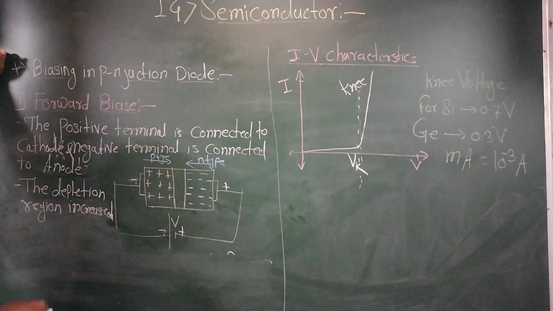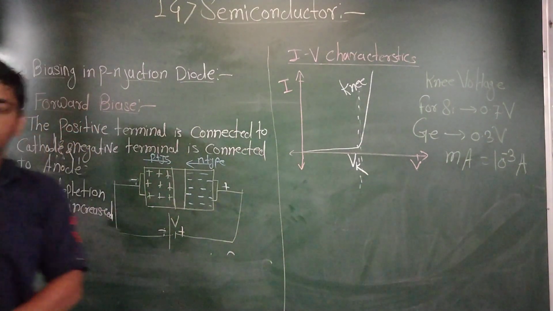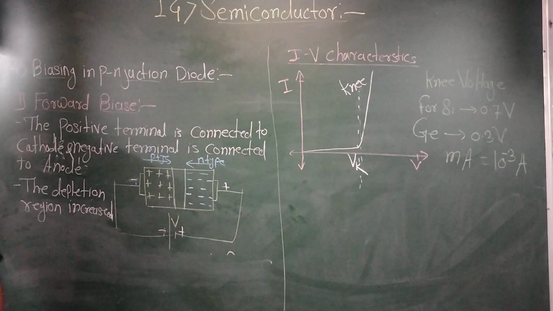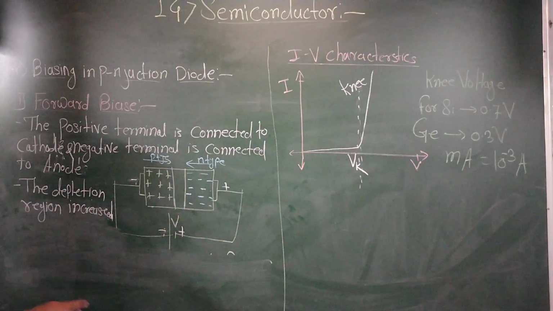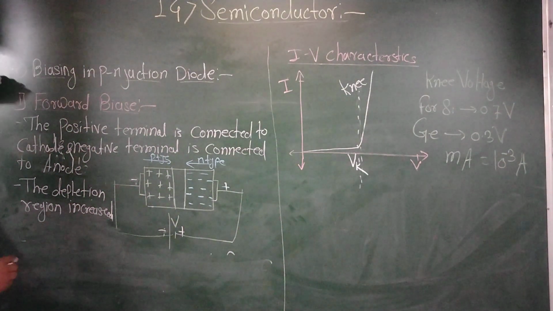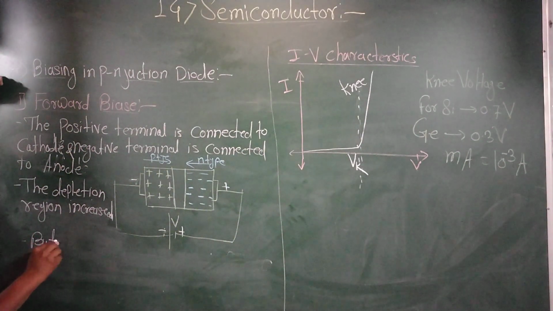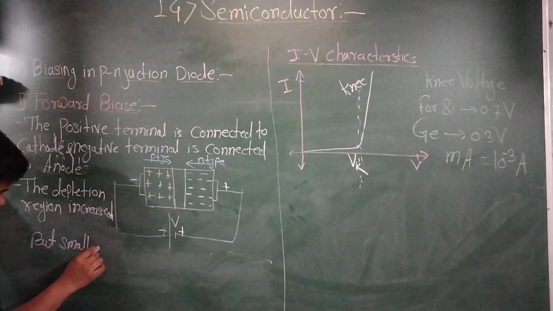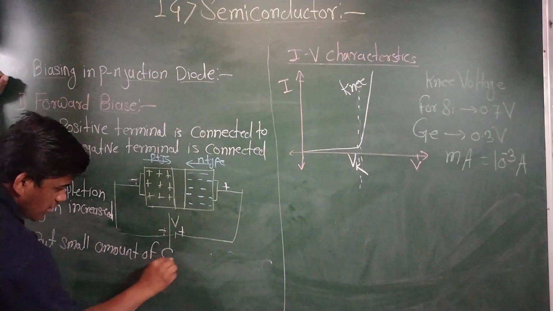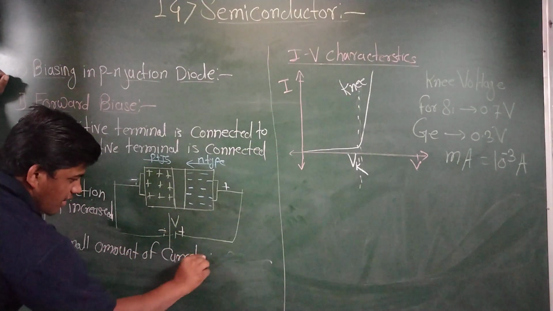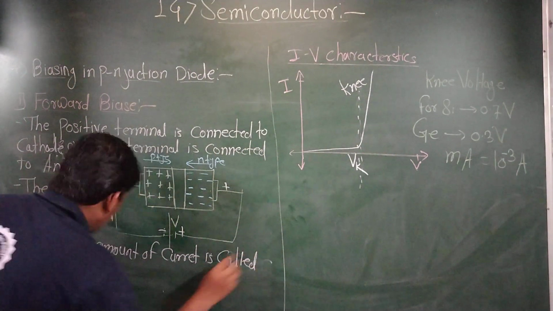With high resistance, the amount of current will be low, essentially no current flows. But a very small amount of current does flow, and it is called leakage current.